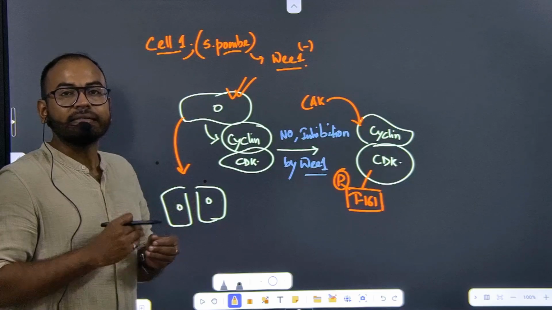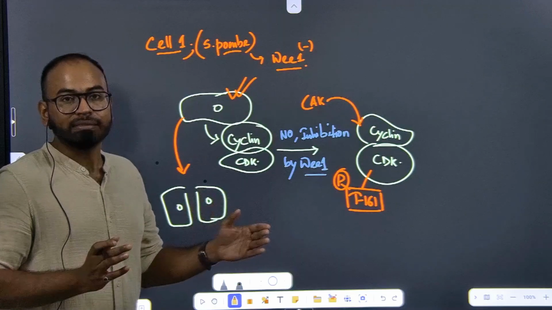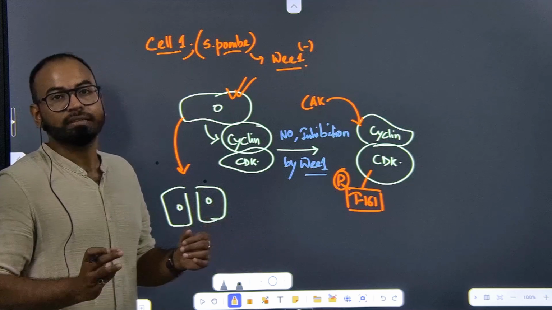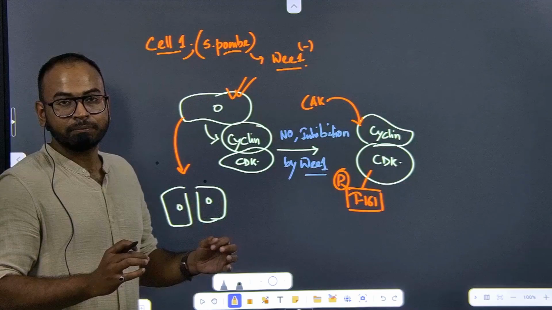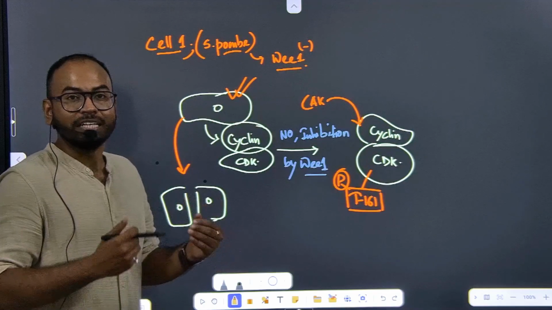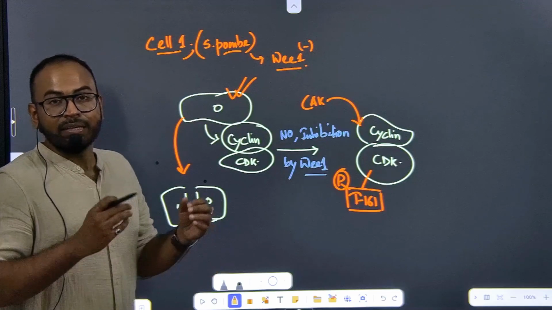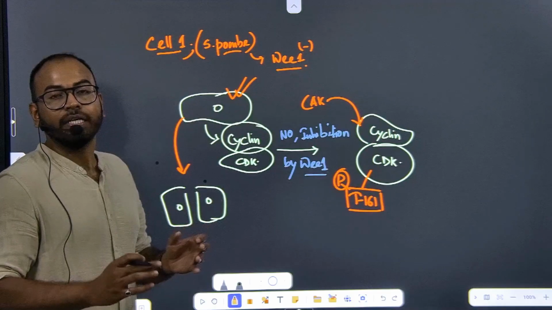V1 is practically restricting a cell until it attains its proper size so that it can enter the divisional phase. So if V1 is absent, then the cell will readily enter into the divisional phase. And hence, before attaining the proper size, it will undergo division.